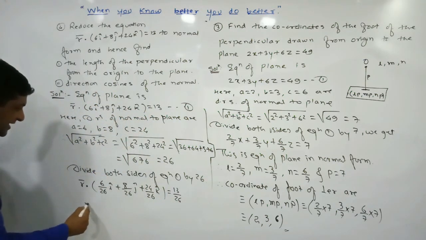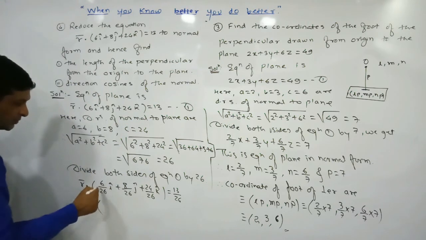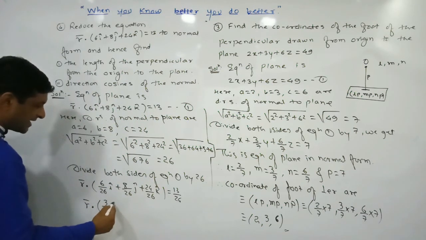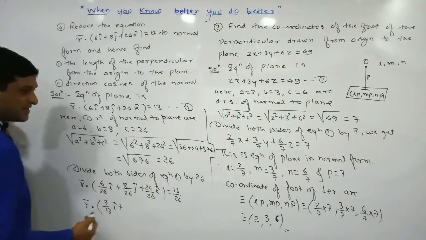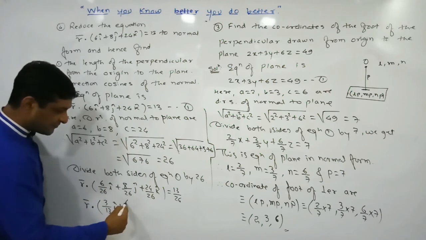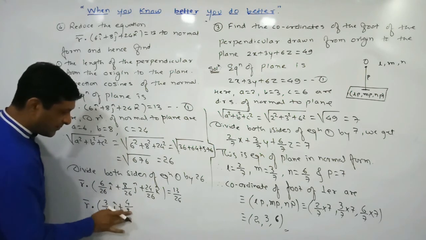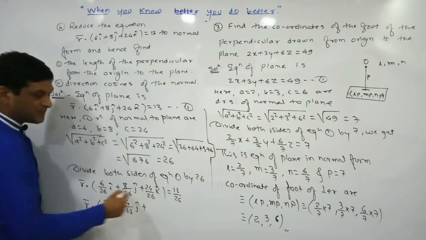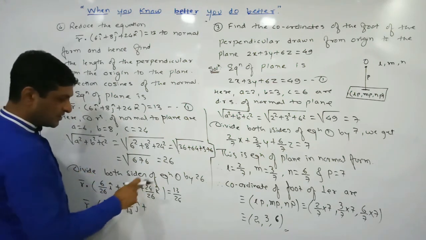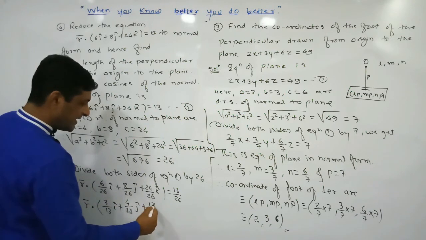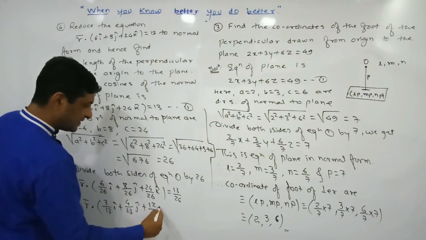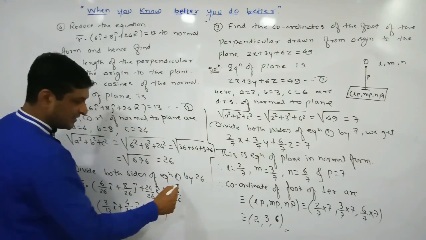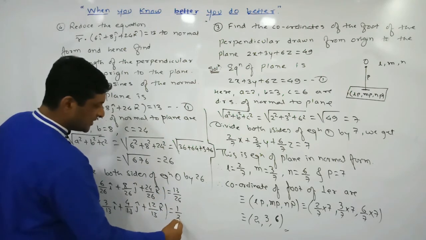So this equation can be written as r bar dot, both the numbers are divisible by 2, so here we will get 3 upon 13 i cap. Dividing numerator and denominator by 2, we get 4 upon 13 j cap, and lastly dividing numerator and denominator by 2, we get 12 upon 13 k cap, and on this side both the numbers are divisible by 13, so 13 ones are 13 and 13 twos are 26.